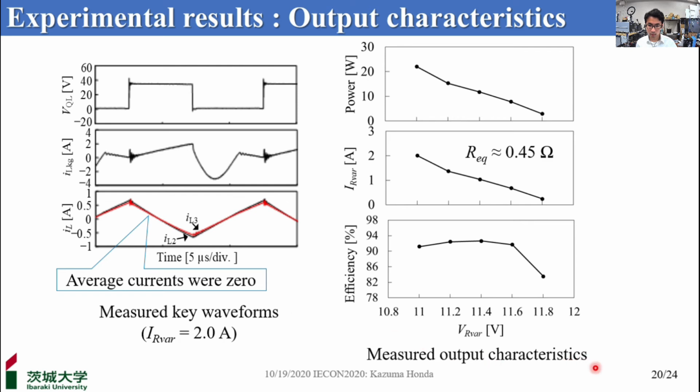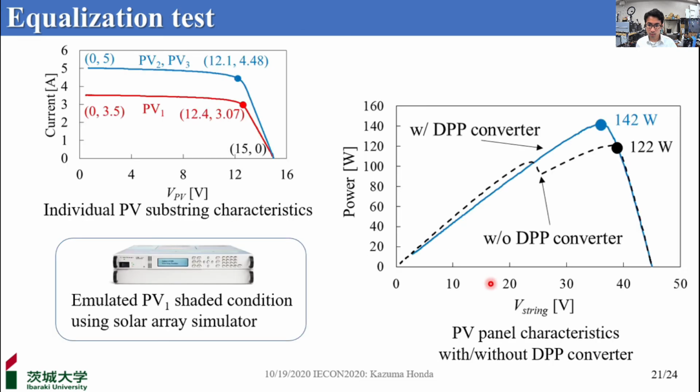Here, the right-hand figure is the measured output characteristics. The measured peak efficiency was as high as 92.6%. From the measured output IV characteristic, the value of REQ was calculated to be 0.450. An experimental equalization test using solar array simulators was performed, emulating the PV1 shaded condition.